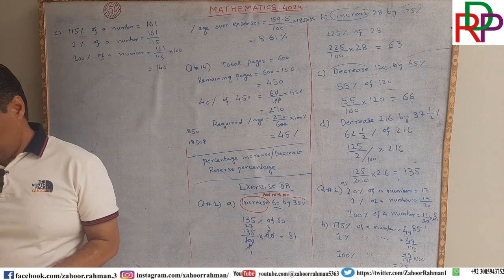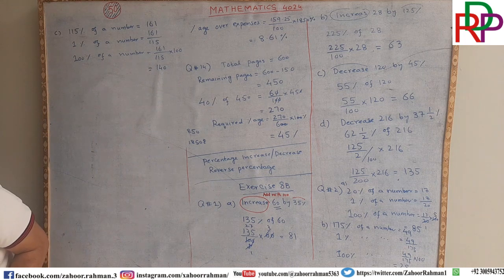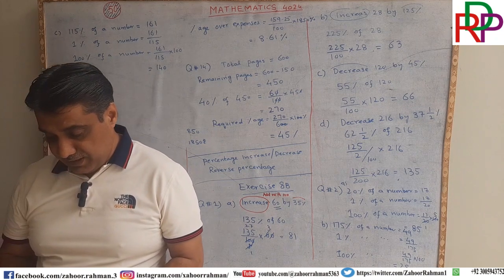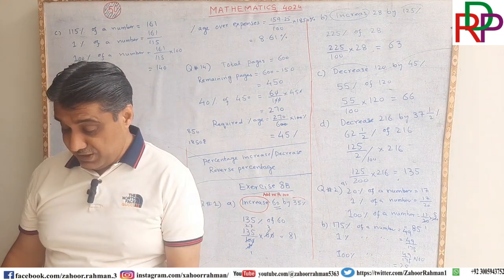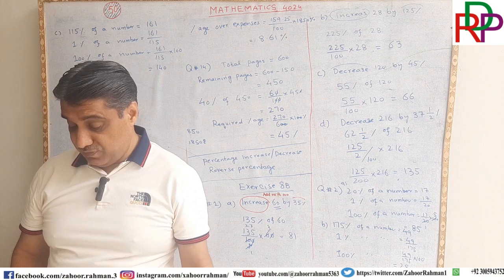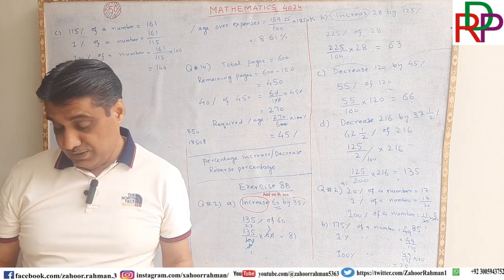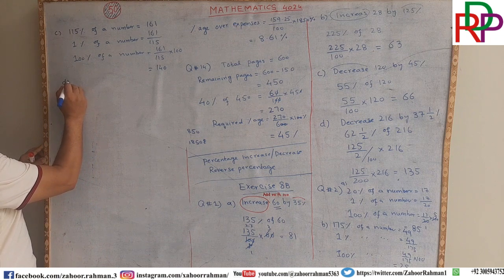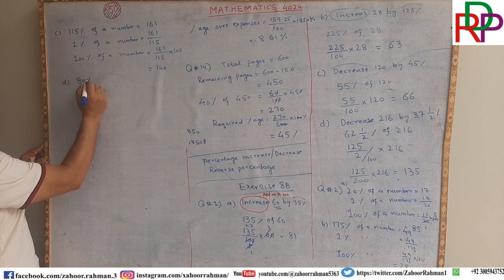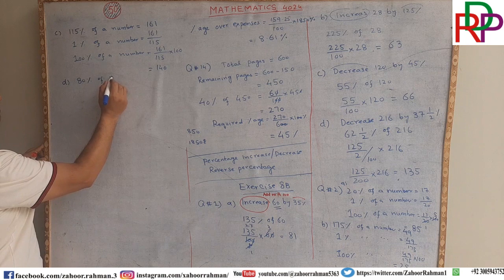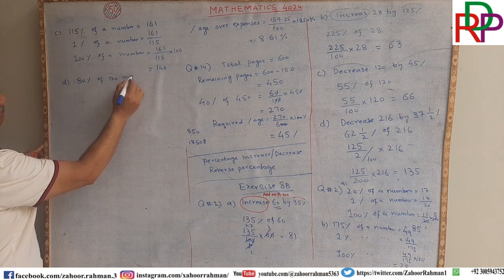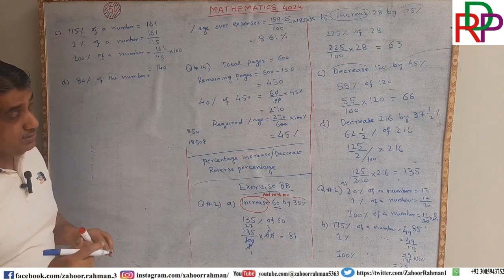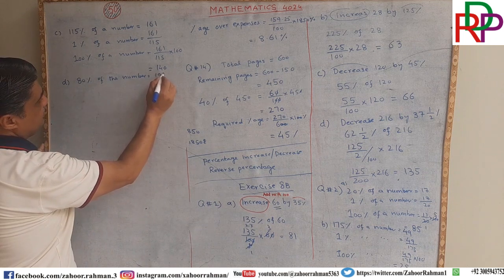Okay, now we are coming to part D, and part D is saying the result of a number when decreased. Here you have to subtract that value of percentage from 100. So 80%, in this case we will say 80% of the number is equal to what? That is equal to 192.